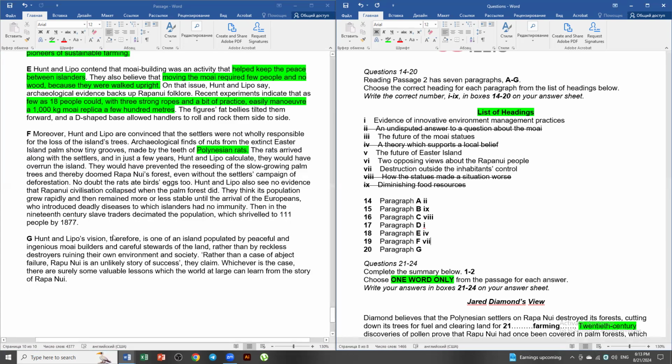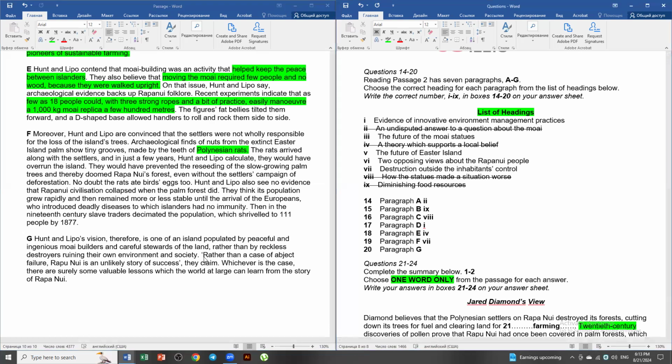Now, paragraph G. Finally, Hunt and Lippo's vision, therefore, is one of the island populated by peaceful and ingenious people, Moai builders. Views, I guess. So, Hunt and Lippo's vision, therefore, is one of the island populated by peaceful, ingenious Moai builders and careful stewards of the land, rather than by reckless destroyers ruining their own environment and society.